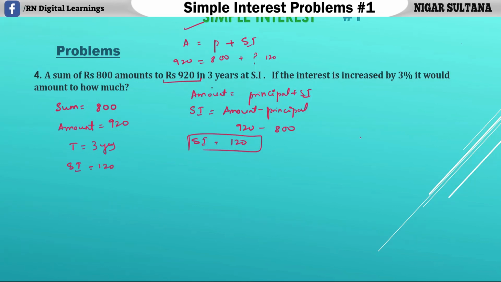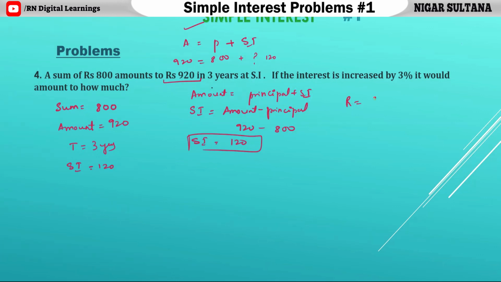Next, they are asking us to find how much the amount is when the interest has been increased by 3%, right? If we want to calculate the simple interest, we don't know what is the rate of interest, right? We know the principal amount, we know the time, we know the simple interest. So let's see what is this rate of interest. What is the formula for rate of interest?